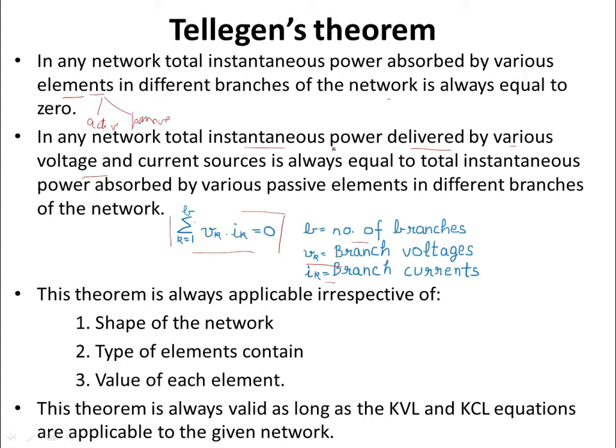Like in any network, total instantaneous power delivered by various active elements, which are voltage and current sources, is always equal to total instantaneous power absorbed by various passive elements, meaning resistor, inductor, in different branches of the network. So this theorem is applicable irrespective of the shape of the network, type of the elements it contains, and value of each element. This theorem is valid as long as the KVL and KCL equations are applicable to the given network.